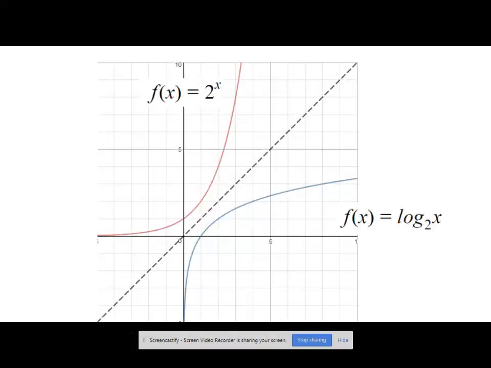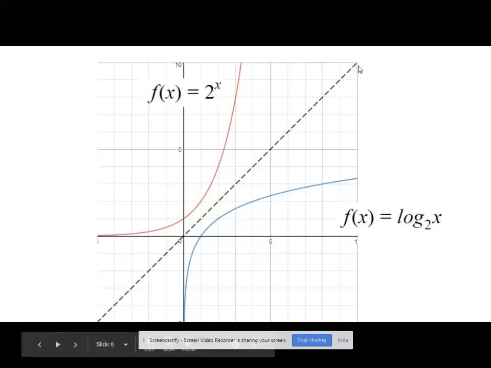One thing that'll help us, so you do not need to write this down if you don't want, but if you look at these two graphs, we've got f of x equals 2 to the x power. We've got this exponential function. And we have this logarithmic function, f of x equals log base 2 of x. These two graphed lines appear to be a reflection across this line y equals x.